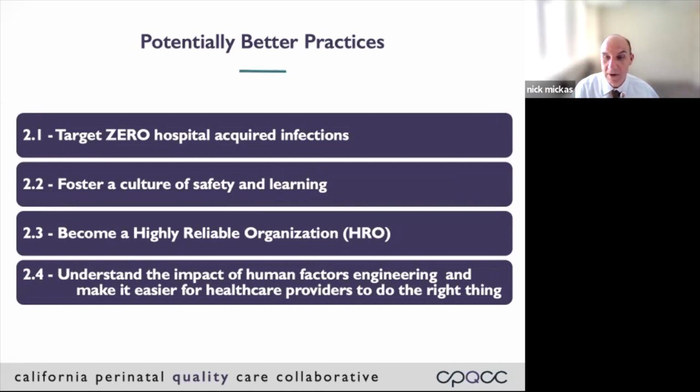And then understanding the impact of human factors engineering and making it easier for healthcare providers to do the right thing. If you have multiple options, people are going to pick, even without knowing, the wrong thing, or we're not going to remember every step of doing a procedure that's more complicated.